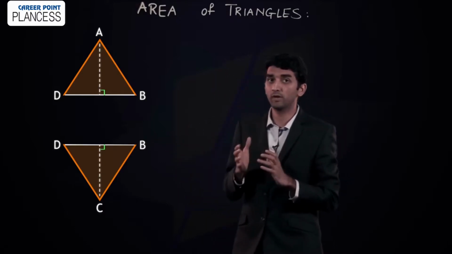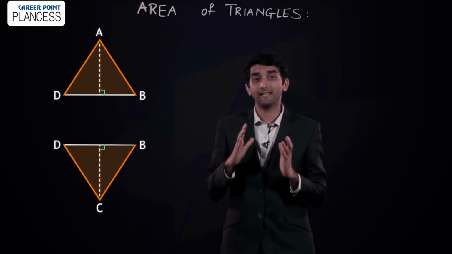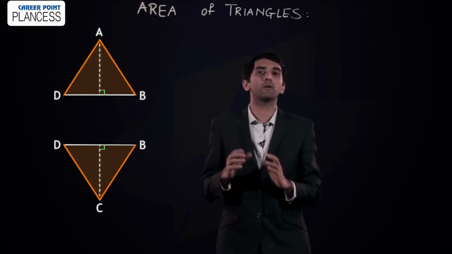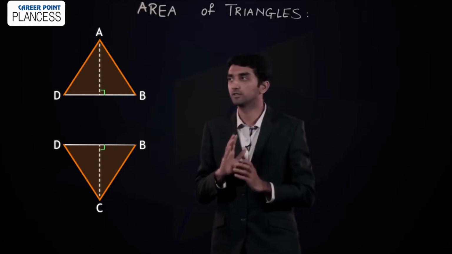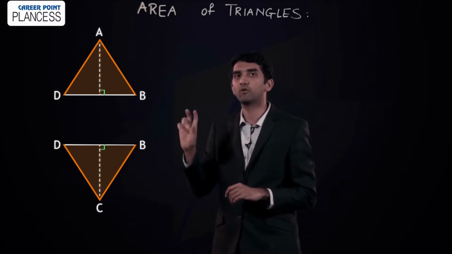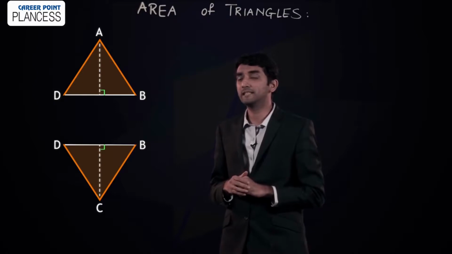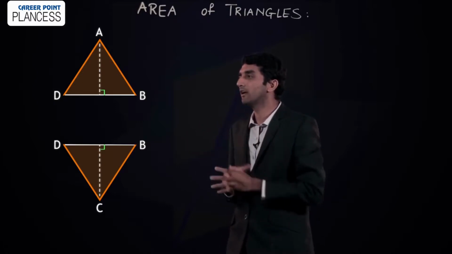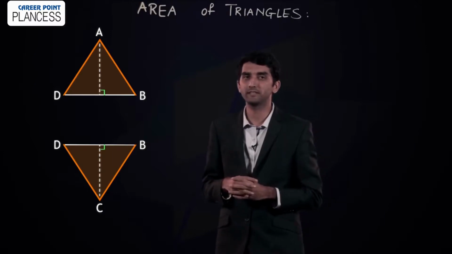As I said, we are going to bank upon the concept that the area of a quadrilateral is the sum of the areas of the two separated triangles. So let's individually focus on each of the triangles. Area of rhombus ABCD is equal to area of triangle ABD plus area of triangle BCD.